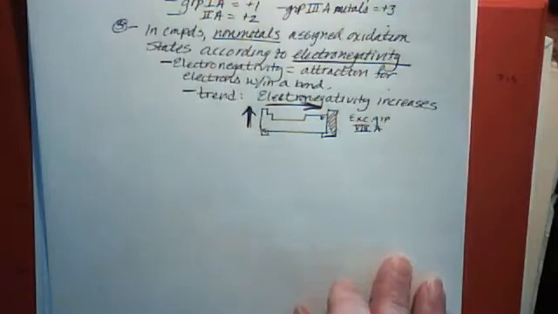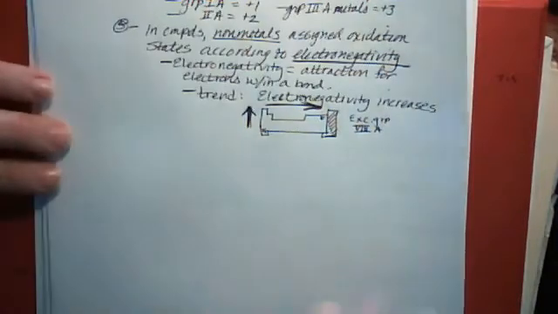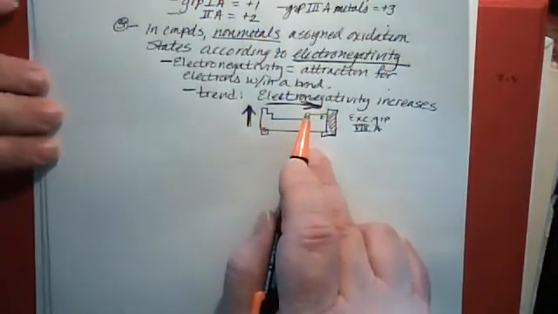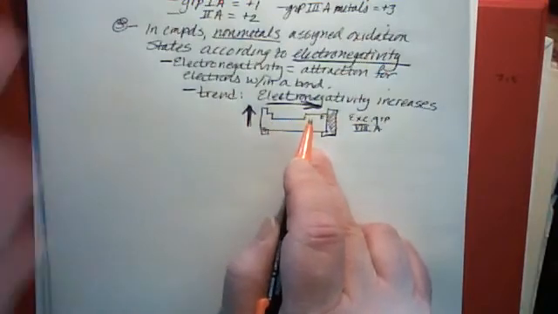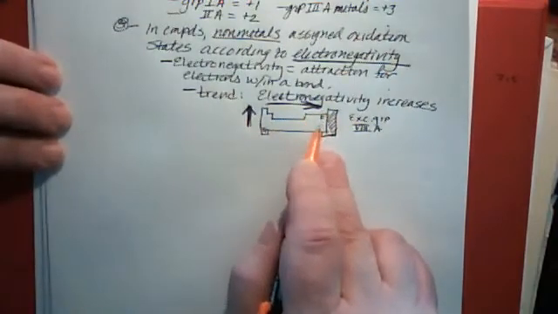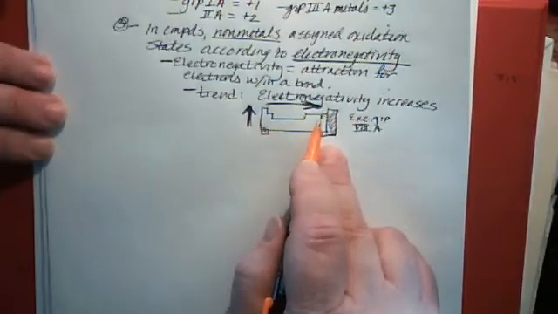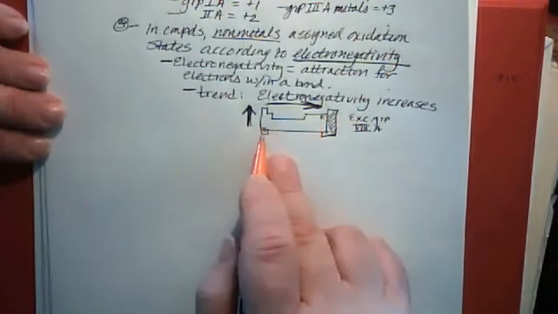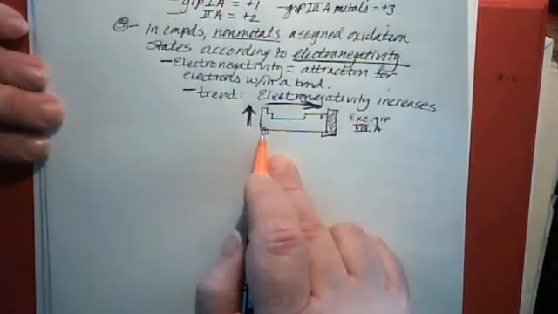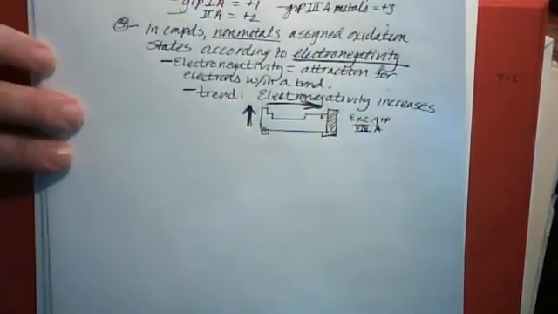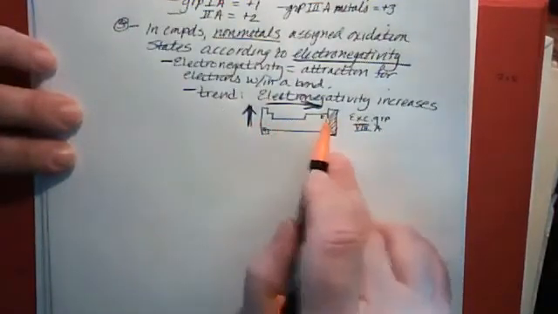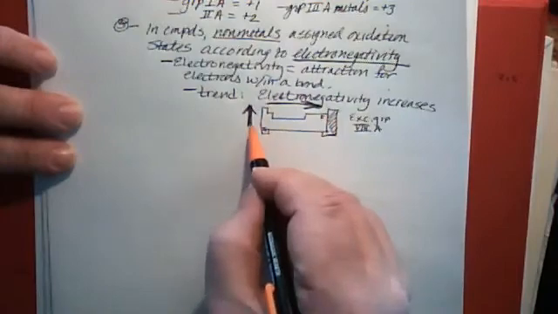Most elements want to either gain electrons or lose electrons. Electronegativity means how much an element wants to gain electrons. Fluorine is the highest electronegativity of any element, meaning fluorine really, really wants to gain more electrons. Francium and cesium have the lowest electronegativity, meaning they don't really want to gain more electrons at all. They'd really just as soon give away some of their electrons. Okay, so the trend is greater going up a group and going left to right.